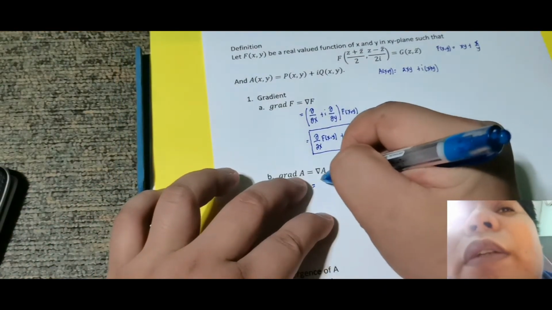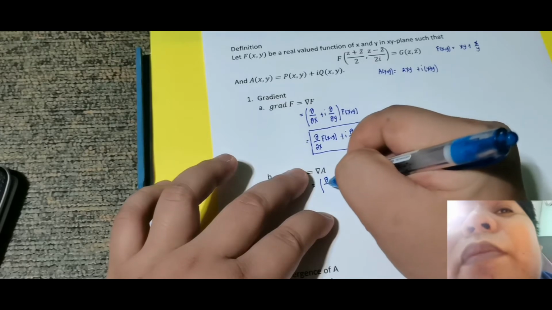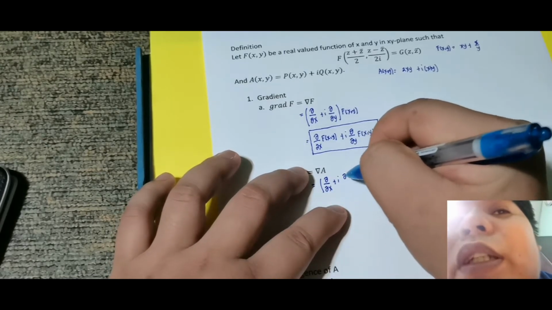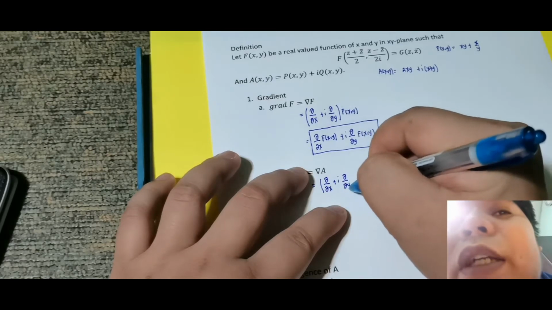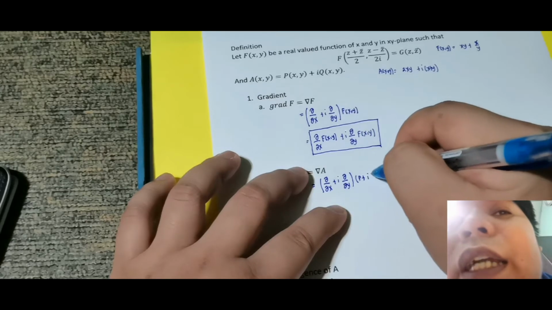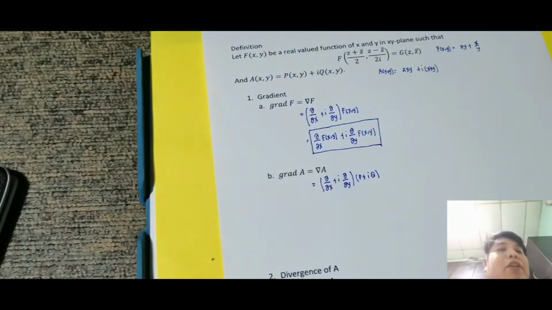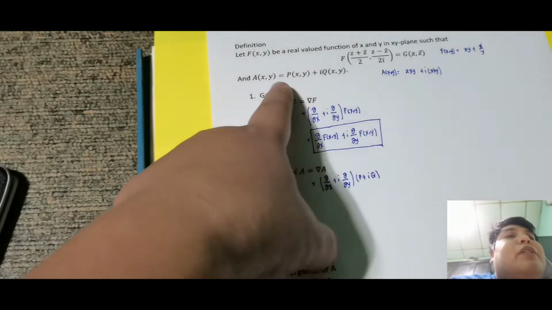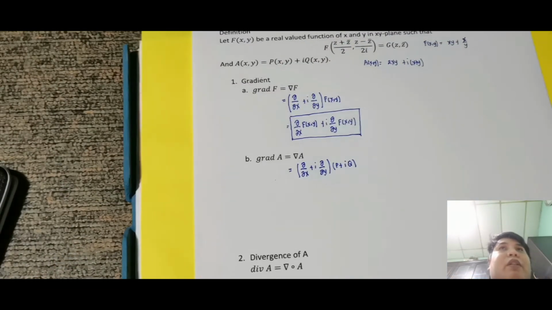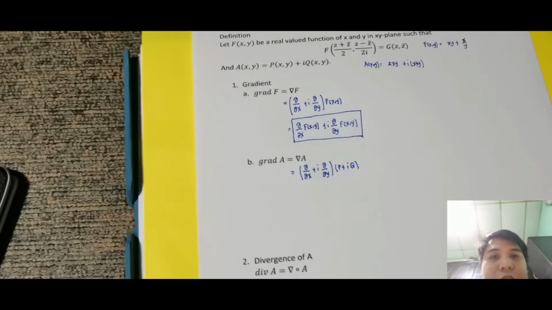This is equal sa partial derivative with respect sa x plus i partial derivative with respect sa y times p plus iq. So, ganyan ko na lang, p plus iq, meaning p of x, y at q of x, y, para hindi masyadong mahaba sa solution. Okay, so naiintindihan mo naman. So, next is i-distribute natin yan, multiply.